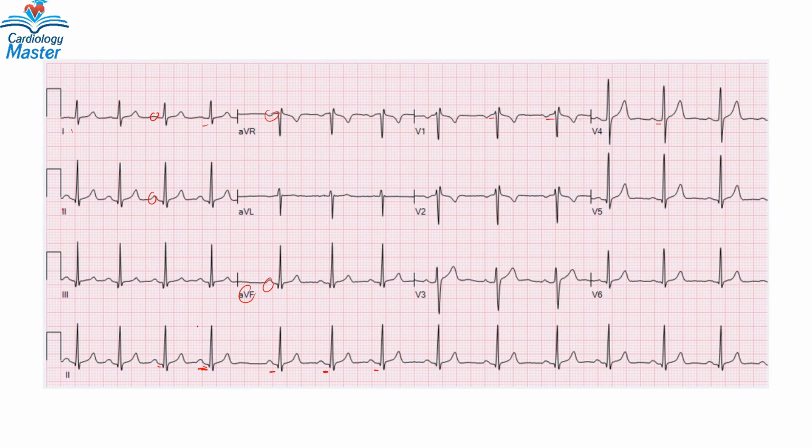How can we notice that? The RR distance here is different from the RR distance here. Whenever you find this distance is different, make sure that the P wave before and after this change has the same morphology and the same PR interval.